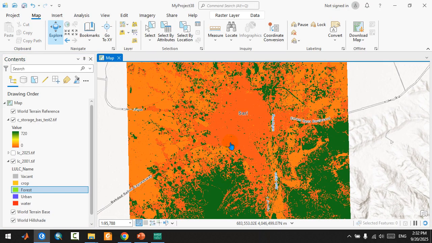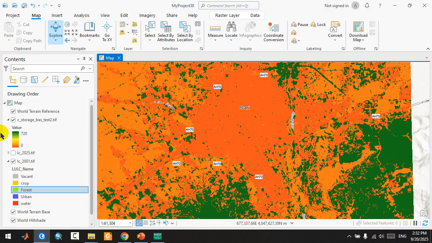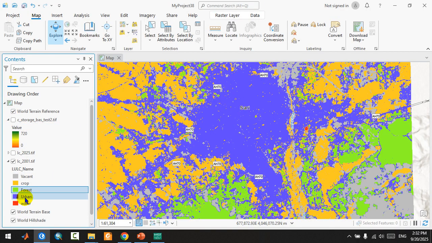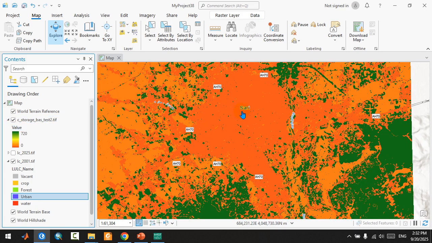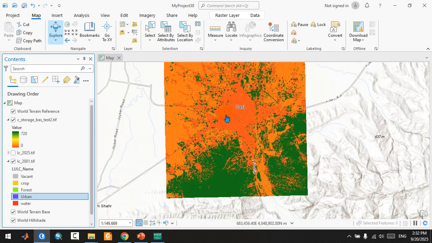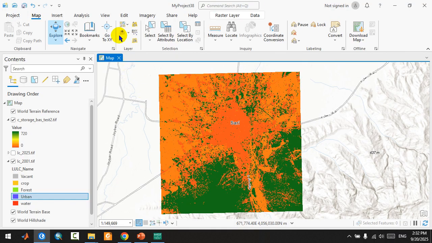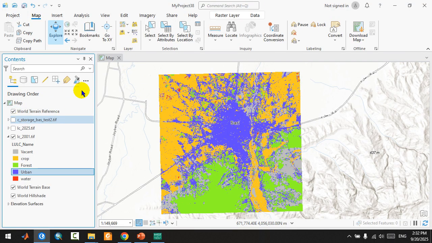Okay, but in the urban area, the Saudi city has low carbon storage.